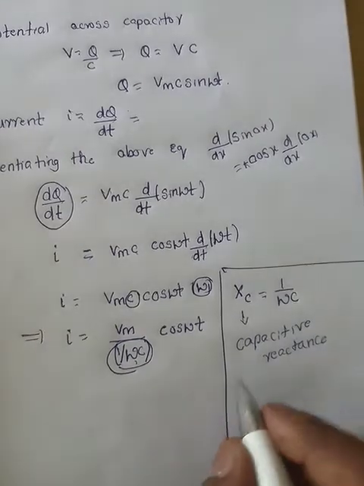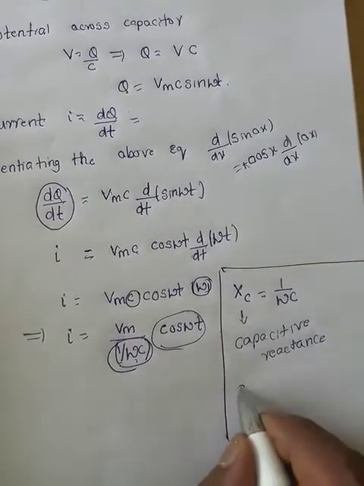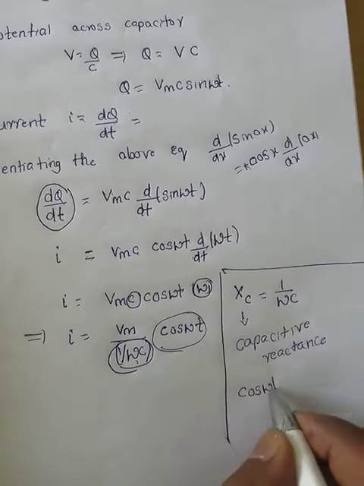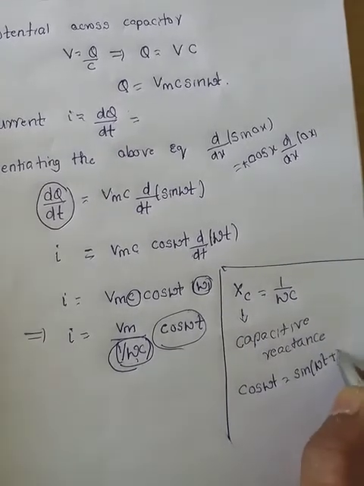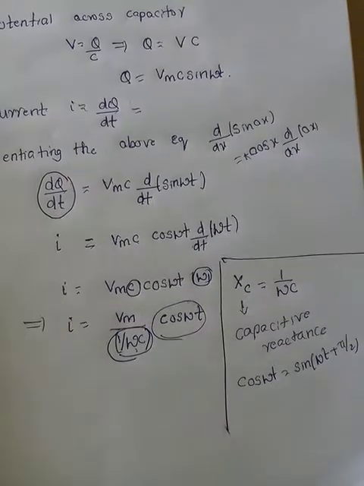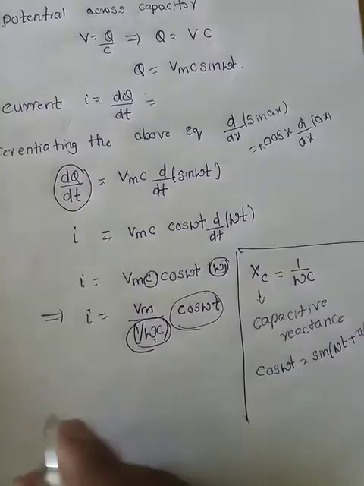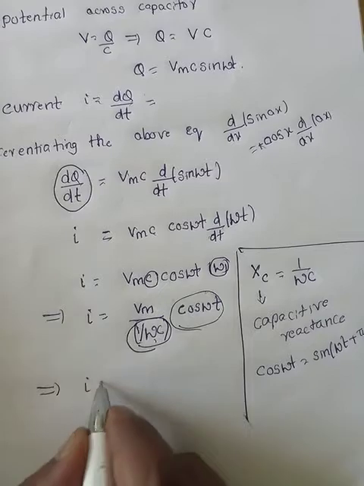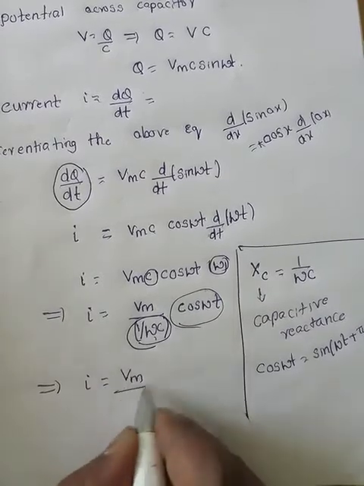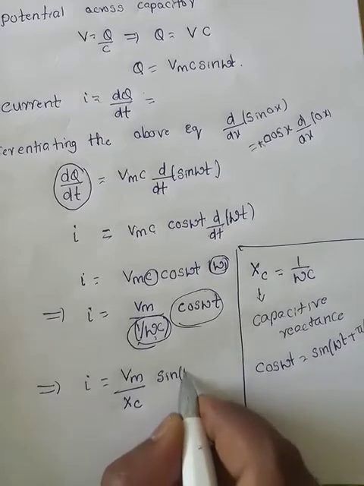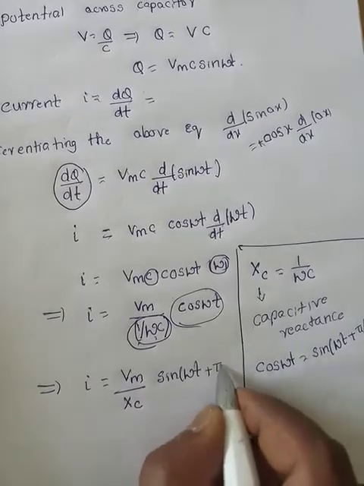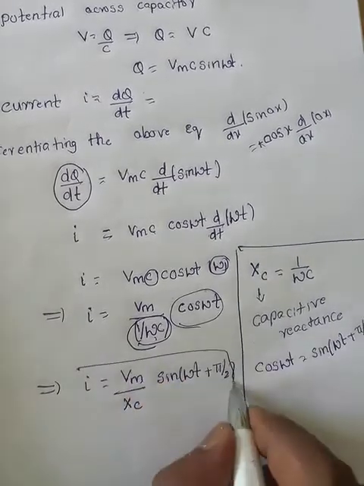Next, as usual, cos omega t can be written as sine of omega t plus pi by 2. Substituting these two, what can I write here? I equals Vm by Xc, in place of 1 by omega C we are writing Xc, into sine of omega t plus pi by 2.